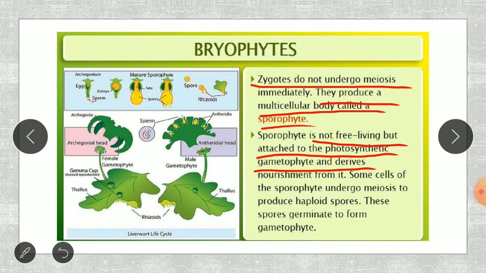Some cells of the sporophyte undergo meiosis to produce haploid spores. These spores germinate to form the gametophyte.